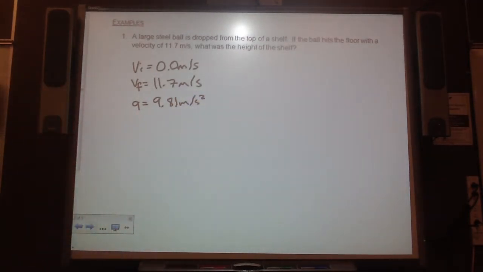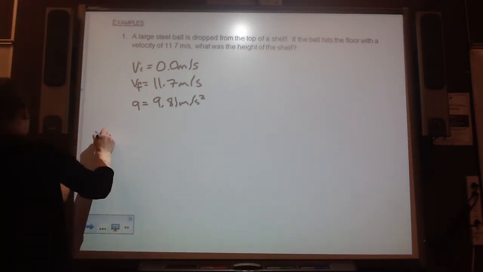Because I'm just dropping something and all my reference is going down, I'm going to keep my velocities as just positive. My acceleration is positive. Technically, it wouldn't be incorrect if you put negative, but we'll make a note here.